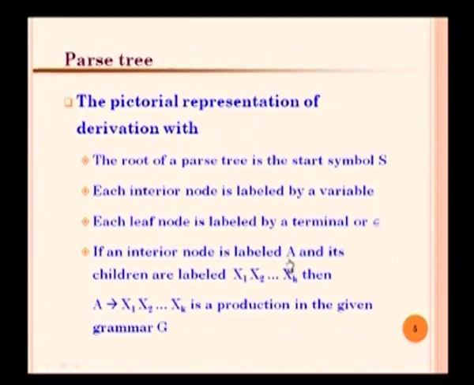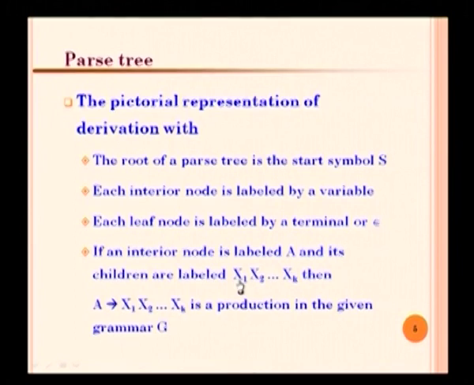So, the relationship is given here. If an interior node is labeled A and its children are labeled x1, x2 up to xk, then as far as A is concerned, the notational convention is that it should always be a variable, whereas the child nodes can be either a variable or even a terminal.